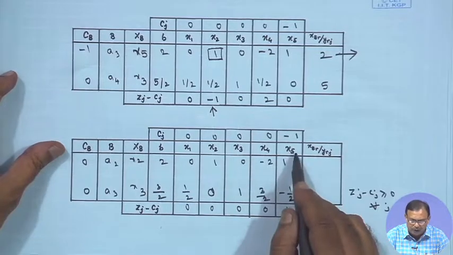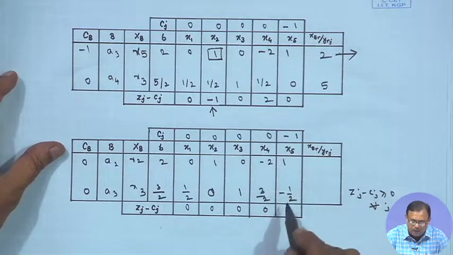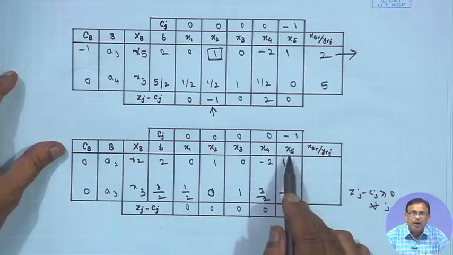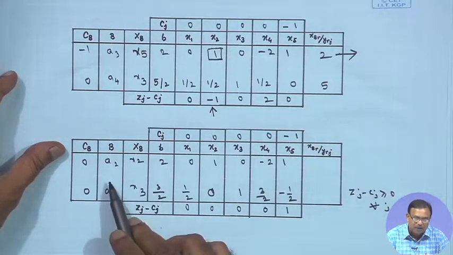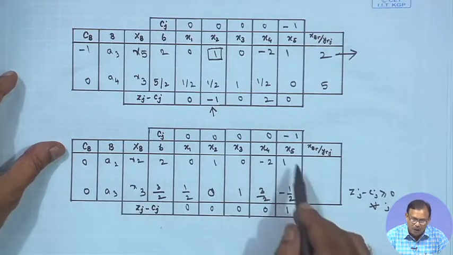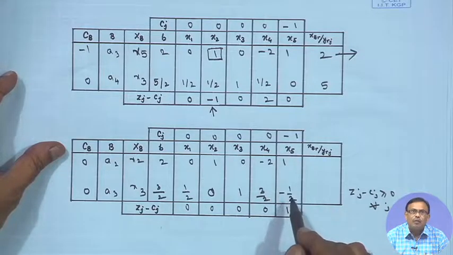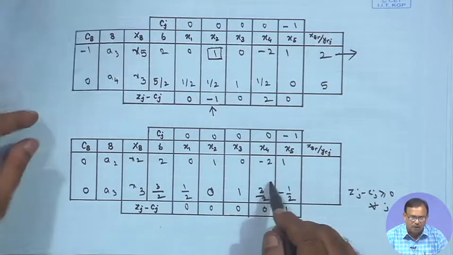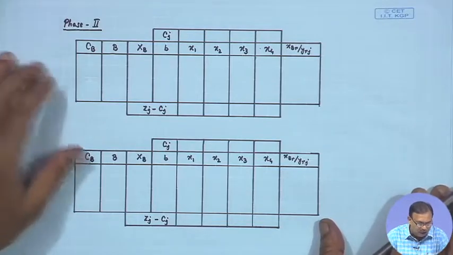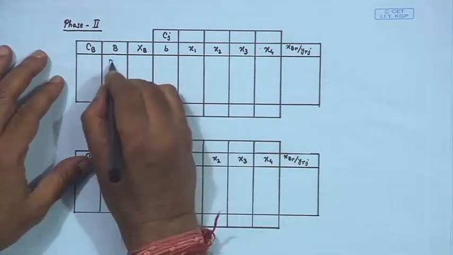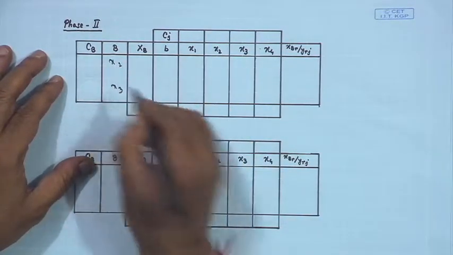And also you see in the last table of phase 1, this variable x 5 is not present in the basis. Therefore, the x 5 column will be removed, as we have discussed in the algorithm. So, that you will obtain your x 2 and x 3.